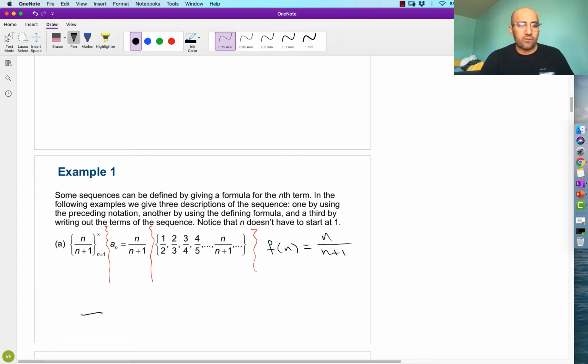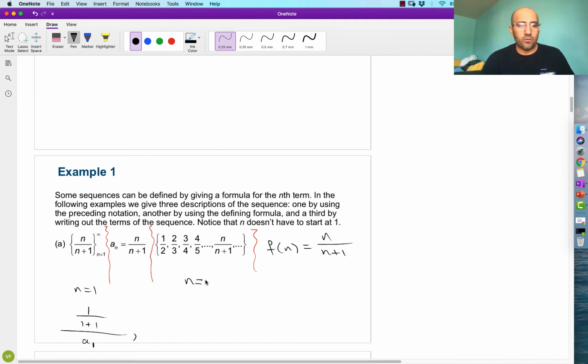So when n equals 1, then it's the first one on the list. Oh, you know what? Actually, I don't want to write it like that. Let's do this. When n equals 1, then we have 1 over 1 plus 1, and this is the first one on my list, comma.